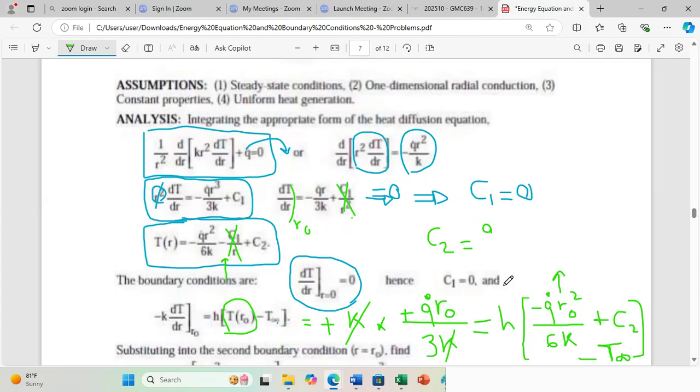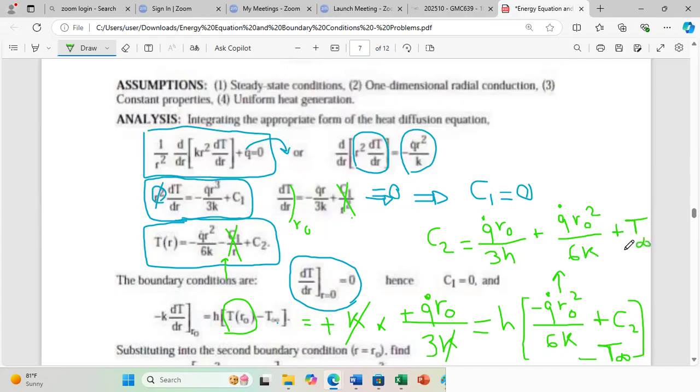So C2 is equal to Q dot times R0 over 3H plus Q dot R0 square over 6K plus T infinity, okay? So in this way, we have calculated the value of C2, okay?